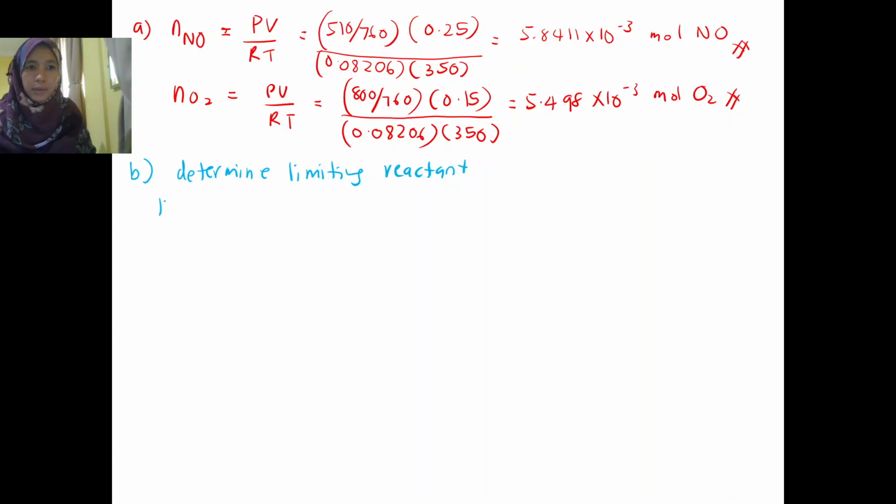Okay, from the equation, 2 mole of NO react with 1 mole of oxygen. So earlier we already have the initial mole for both of these.